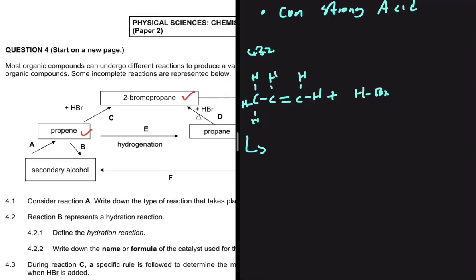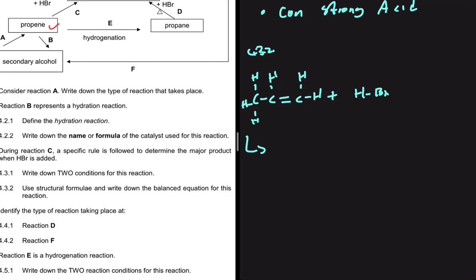If you look back at the question statement, it says that during reaction C, a specific rule is followed to determine the major product when HBr is added. So now you actually have to know that rule in order to answer this question.